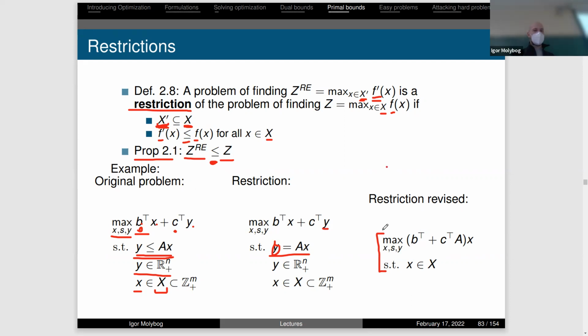This problem potentially has fewer variables, and therefore could be easier to solve, and would provide us with a feasible point for the original problem. Any questions here? Yep.